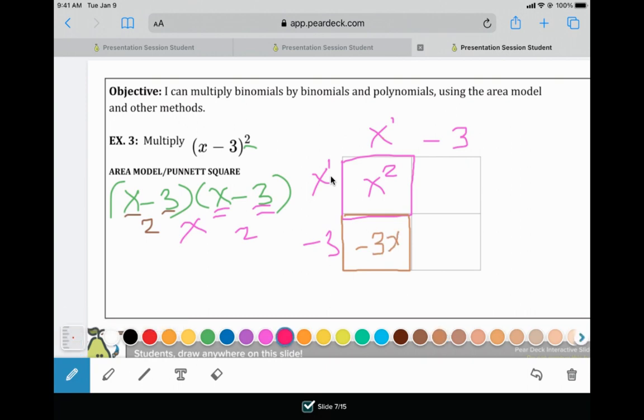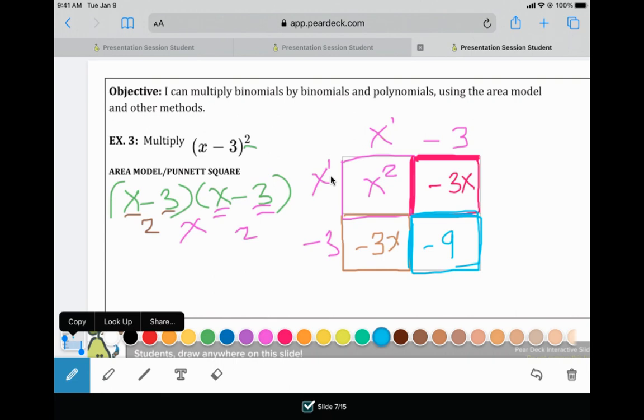We can move on to this box right here. So this side is negative 3. This side right here is x. So negative 3 times x gives you negative 3x. And the very last box, this side is negative 3. This side is also negative 3. Multiply them, that gives you positive 9.